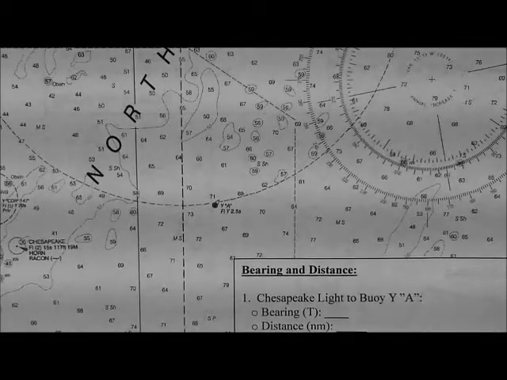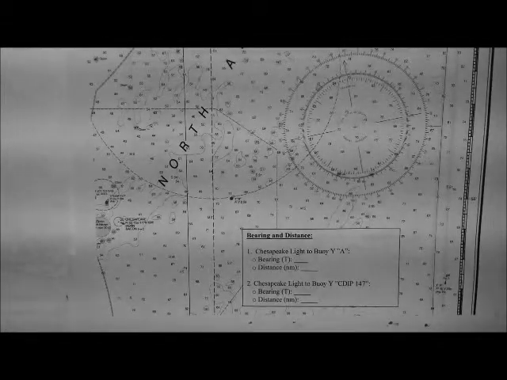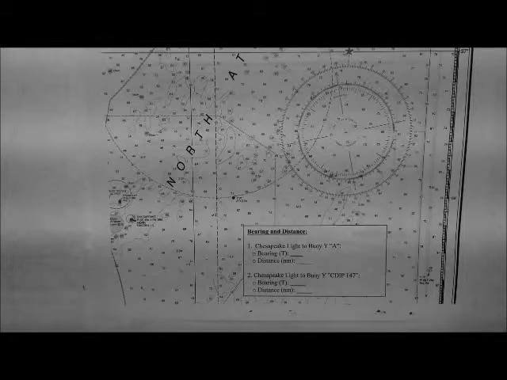Now I'm going to add, just for clarity, a couple of reference lines just so you can see it. The first reference line I'm going to add is the bearing line that we're going to measure. So it's from Chesapeake Light through the buoy, just like that.